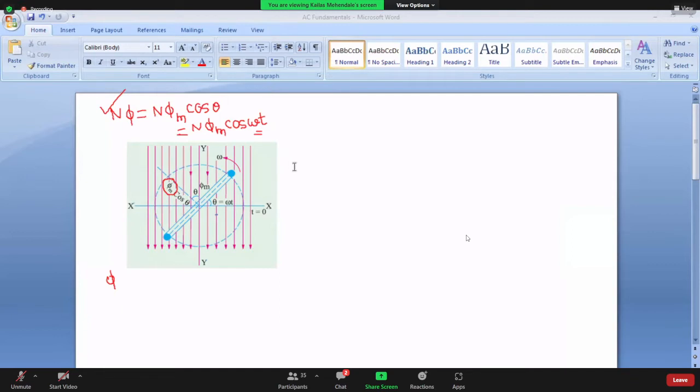Let us continue with the derivation. According to Faraday's law of induction, the EMF which will be induced in the coil, now please understand that the coil is rotating in the magnetic field, so an EMF will be induced in the coil, and that EMF is proportional to the rate of change of flux linkage.